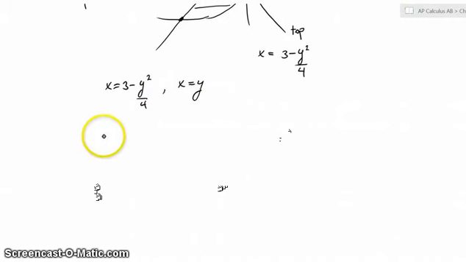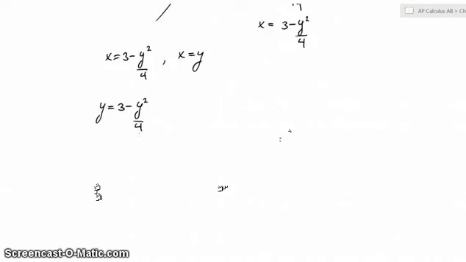So we're going to replace the y, or sorry, replace the x. So we'll have y equals 3 minus y squared over 4. We might want to put this back into the form that it was before, just so we don't have random fractions sitting around. So we'll have 4y equals 12 minus y squared. So we'll have y squared plus 4y minus 12 equals 0.